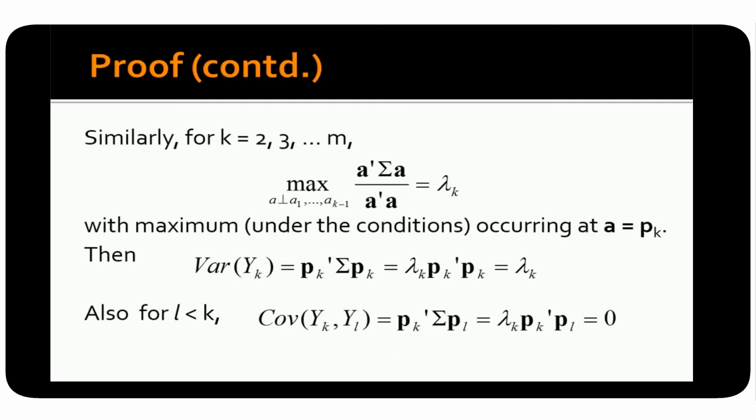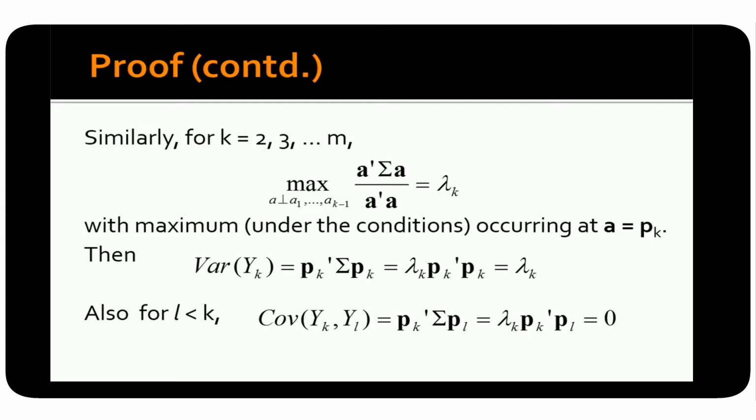Similarly, for k equal to 2, 3 up to m, we can do the maximum. Of course, we do not need to do it for the last one, but in each case now a would be chosen such that it is orthogonal to the previous p1, p2, up to pk minus 1, and then you maximize subject to this condition.